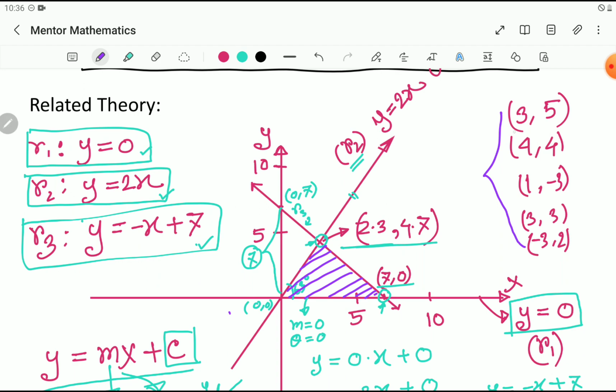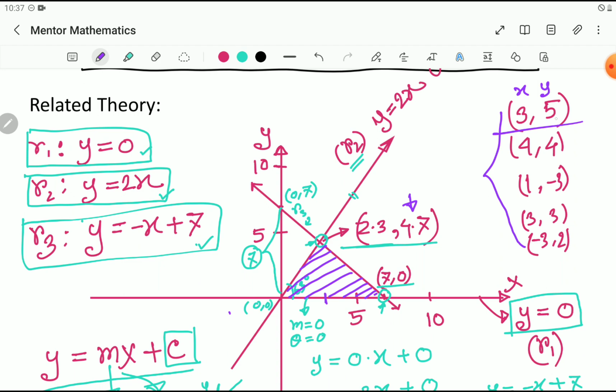So let's check (3, 5). The value of x is 3, value of y is 5. So when the value of x is 3, arbitrarily we can say somewhere between here, right? And the value of y is 5. But we can see our vertex, the highest value of y is 4.7, right?